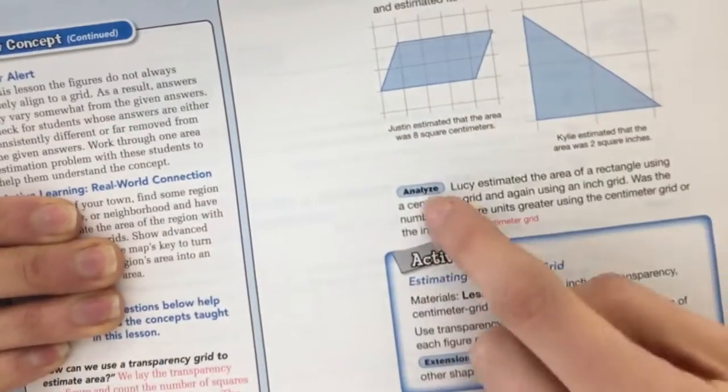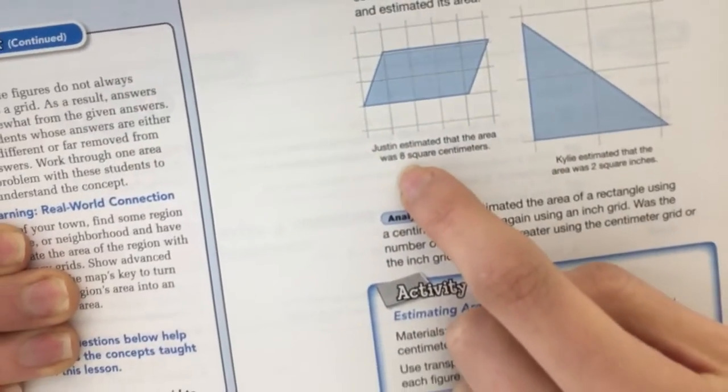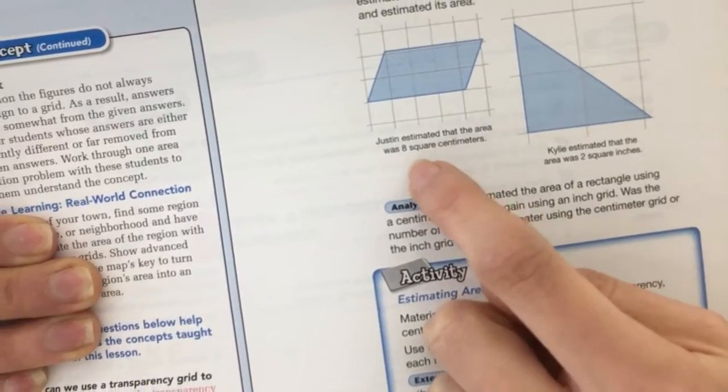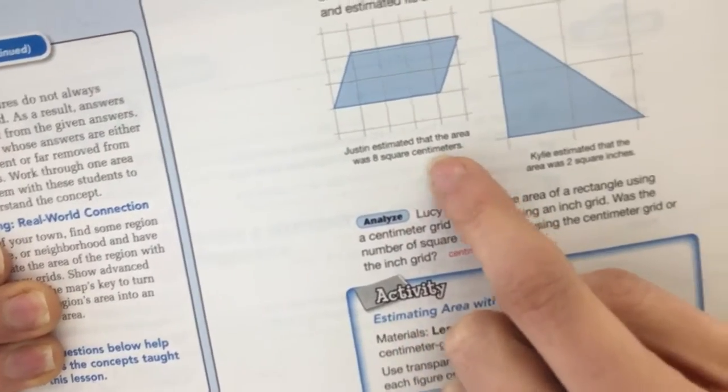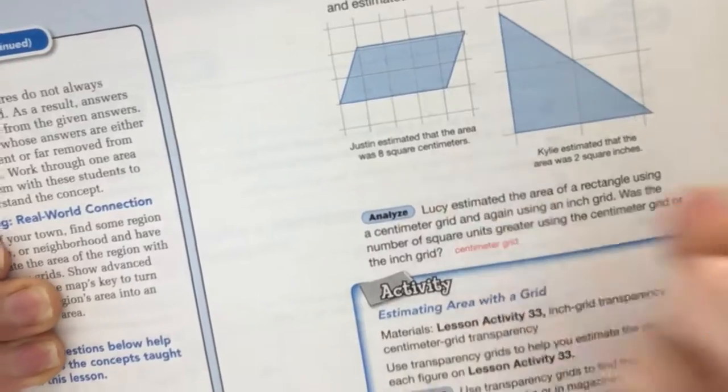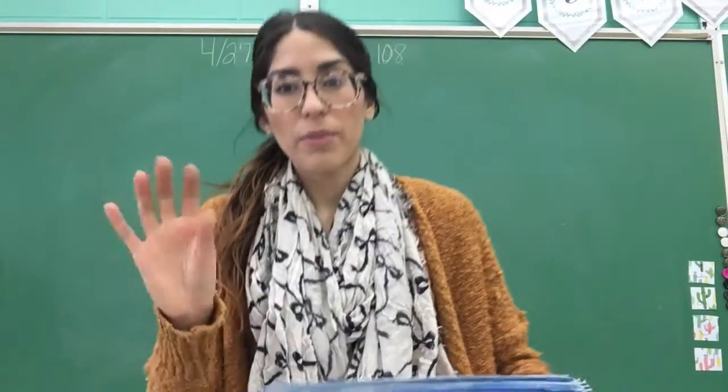So our total is, Justin estimated that the area was 8 square centimeters, okay? So that's how we estimate. Even though it's not exact, we just estimated because most of it would be shaded. You guys see that? So that is what you will be doing.